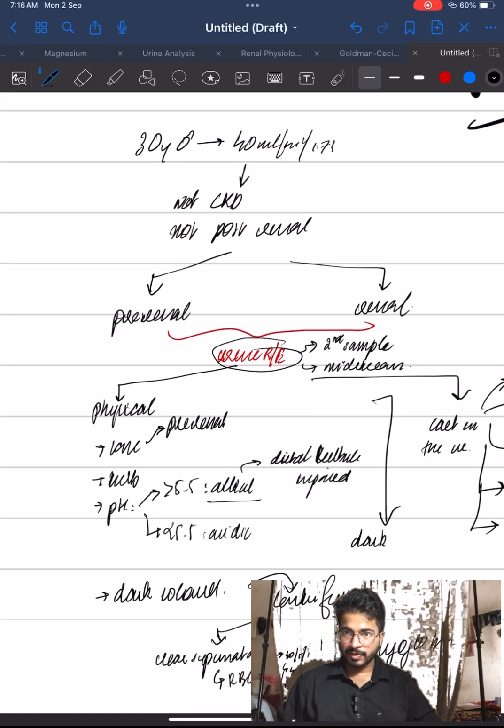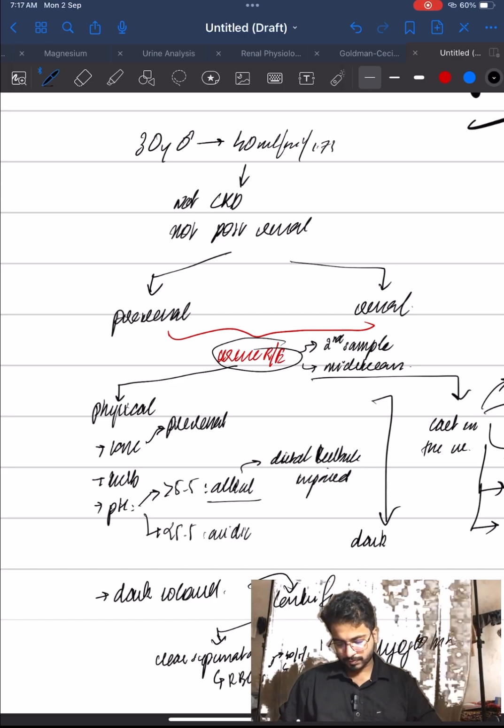It means the pathology is a renal pathology with the glomerulus involved.